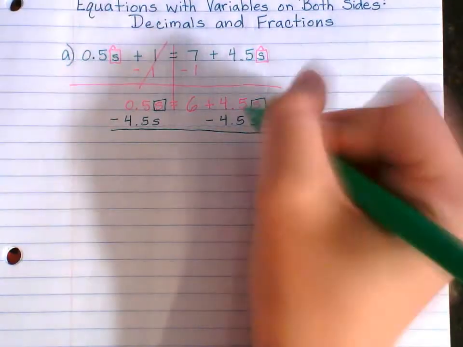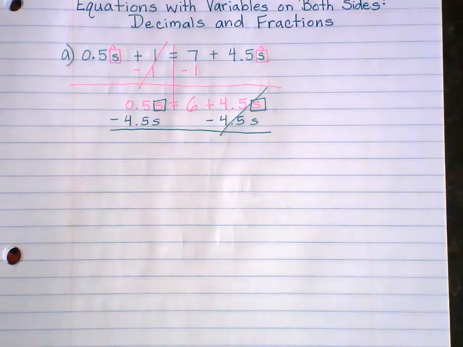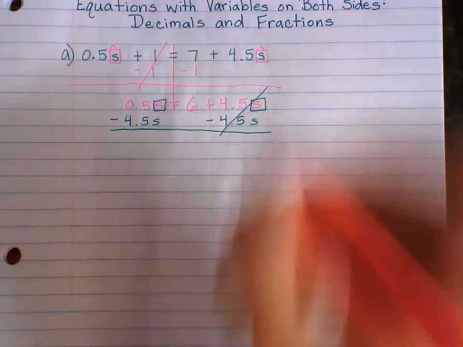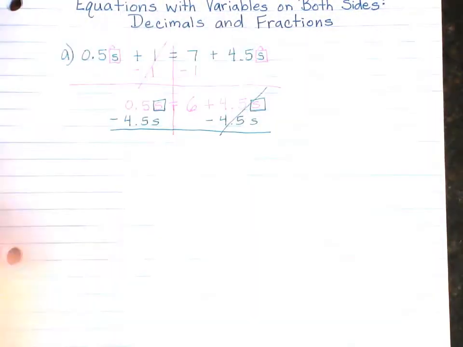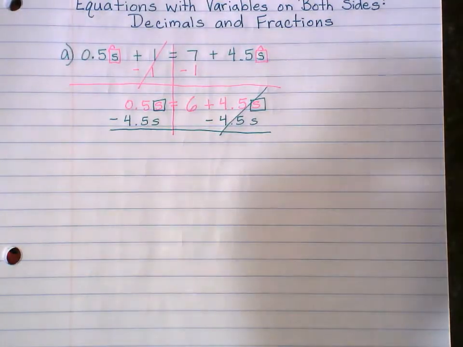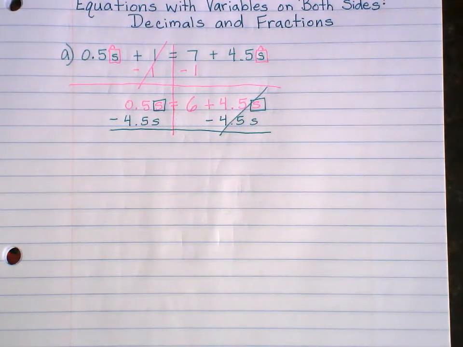4.5s minus 4.5s cancels out. 0.5s minus 4.5s. You can use a calculator, but we really got to work on number sense. So 0.5 minus 4.5 is the same as negative 4.5 plus 0.5.